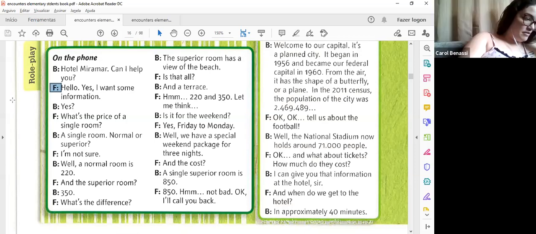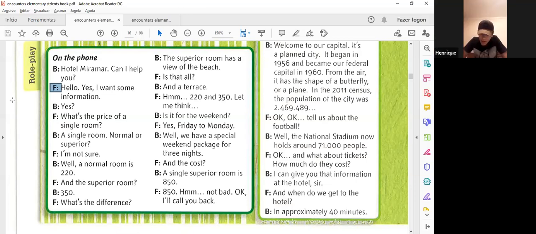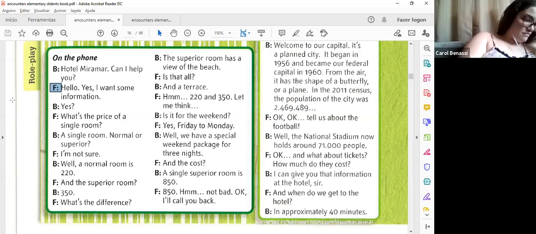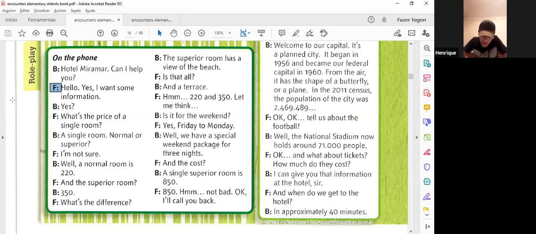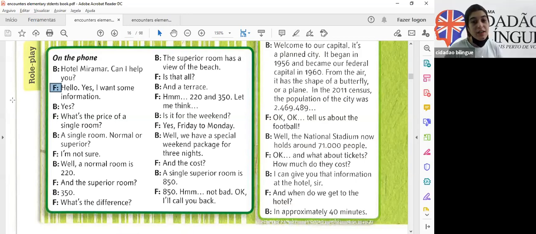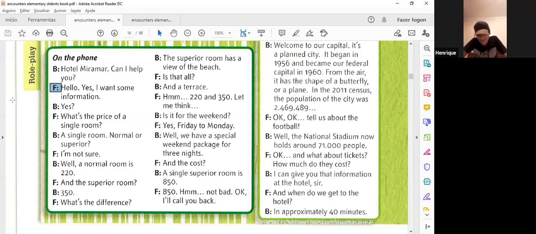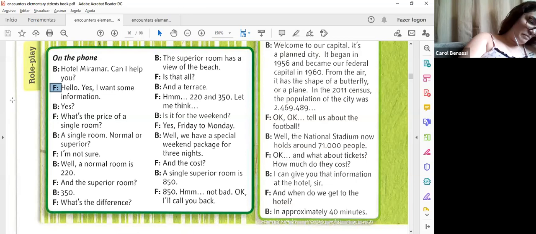Yes, Friday to Monday. Well, we have a special weekend package for 3 nights. And the cost? A single superior room is 850. Not bad. Okay, I will call you back.